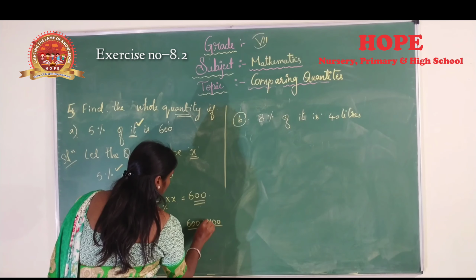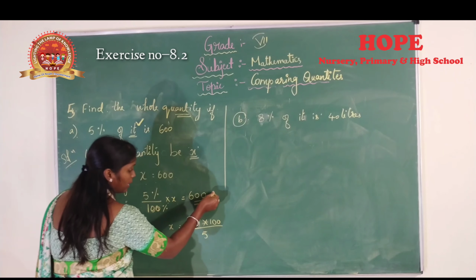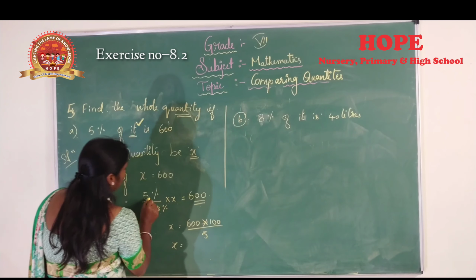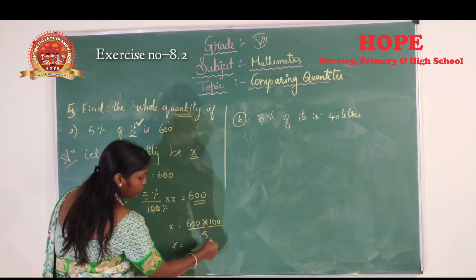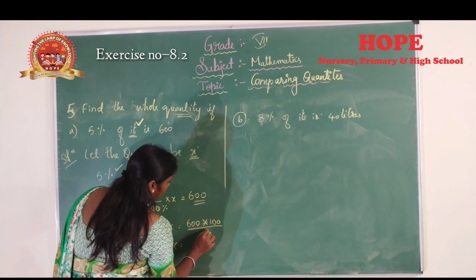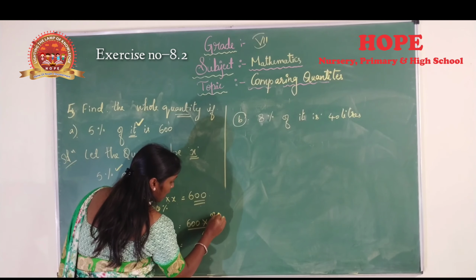600 into 100. Why? Because this is in the division, and when it goes to the numerator it becomes multiplication. The 5 will come to the denominator. 5 ones are 5, 5 twos are 10 and 0 remains.